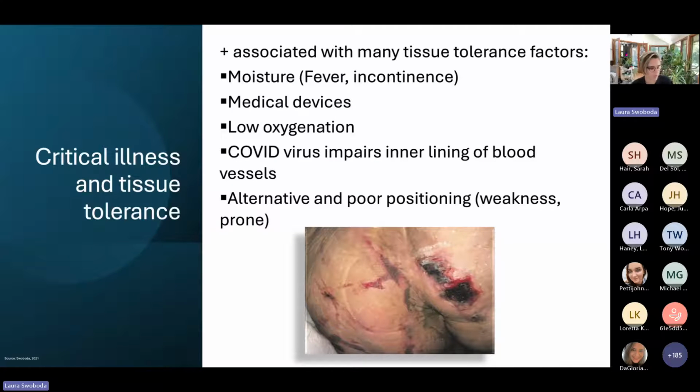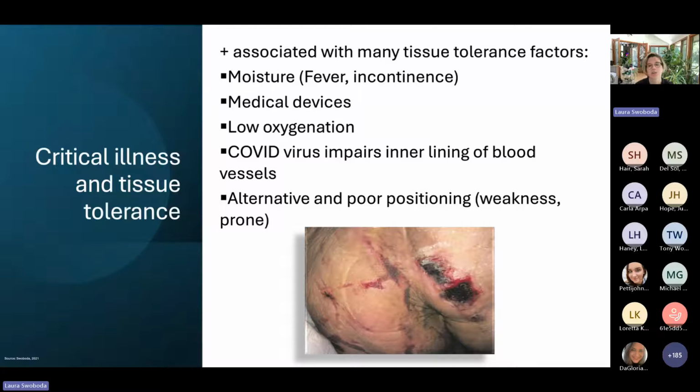And I briefly mentioned COVID, and there's many other conditions, obviously, that put us in a critical care situation. But critical illness significantly impacts tissue tolerance for a number of reasons. With COVID-19, it will directly impair the inner lining of the blood vessels. But really any kind of critical illness is going to disturb sometimes the moisture content.